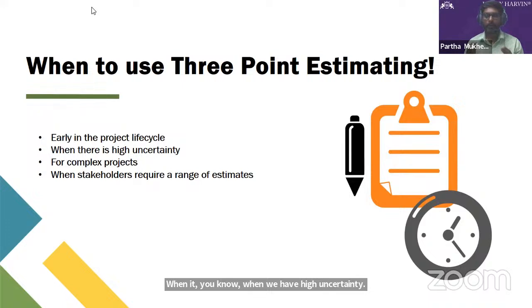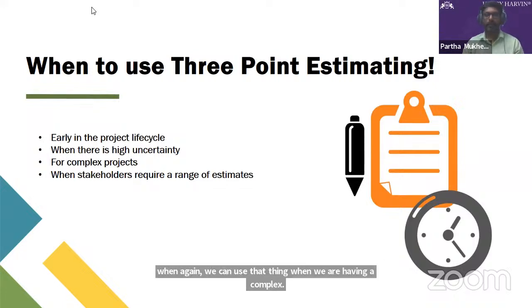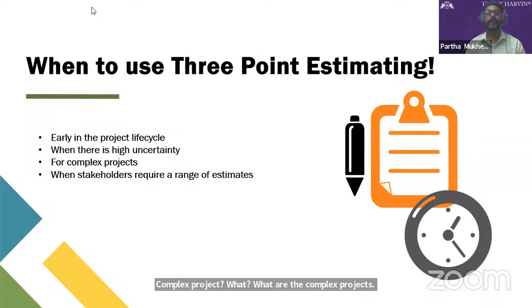So we can prepare this model and get a range. And again, we can use it when we have a complex project. What are the complex projects? When there are so many interdependencies, when we have unexpected obstacles because multiple stakeholders are there and their different perspectives and needs may impact the project outcome.